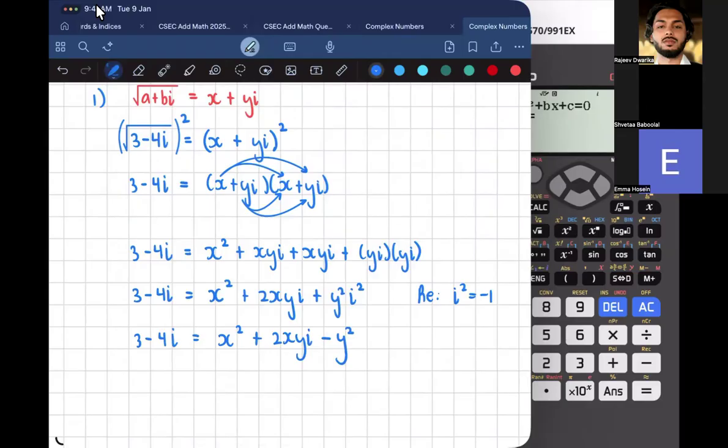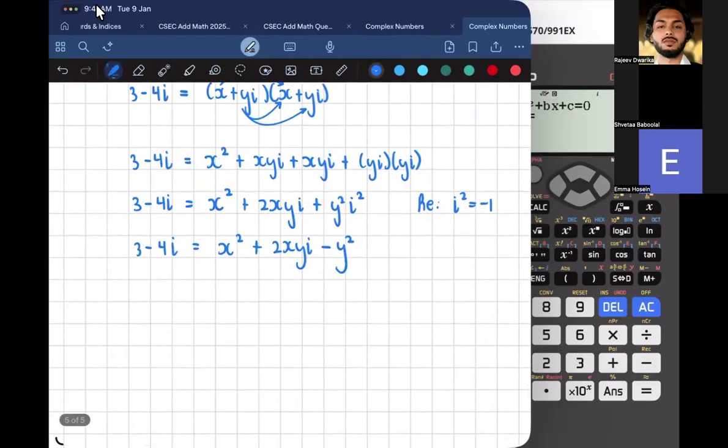So Shweta, you with me so far? Notice on the left-hand side, we have a real part and an imaginary part. The real part is 3, and the imaginary part is what? Minus 4i, right? Cool. Now, that's on the left-hand side.